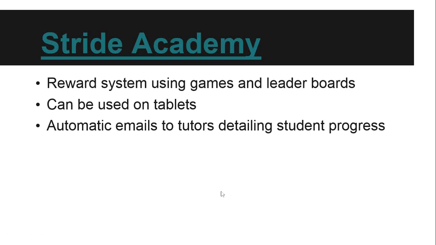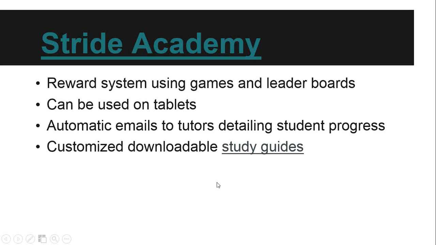Okay, so as you just saw, Stride Academy uses a reward system using games and leaderboards. A big benefit of it is it can be used on tablets. Also, you as the tutor will get automatic emails that have customized downloadable study guides based on the student's progress in the program.